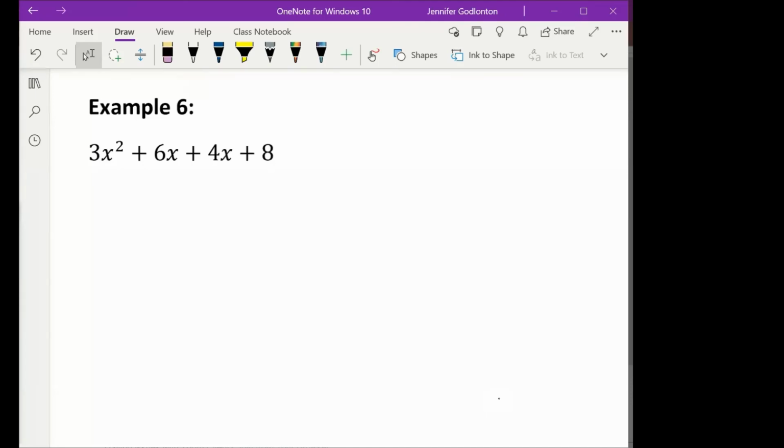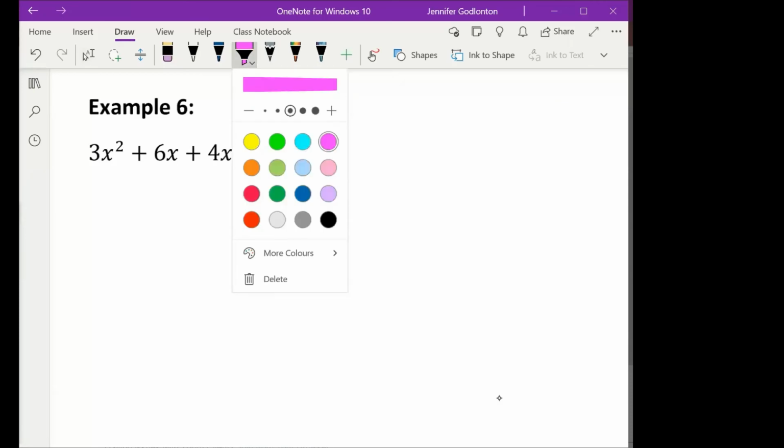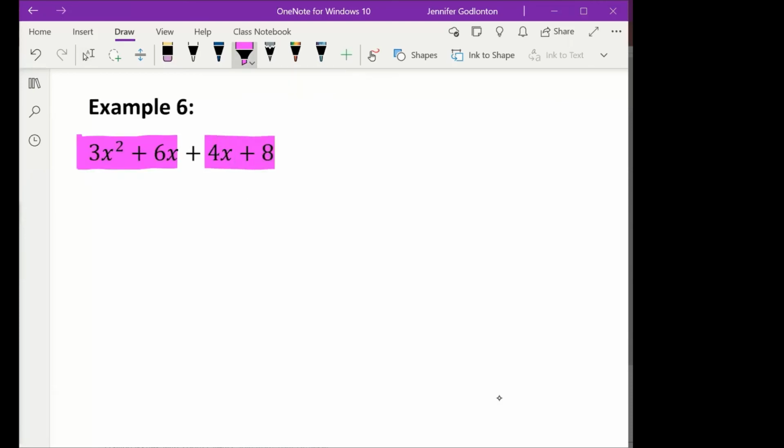Okay, can you please give this question a try for me? I'm going to help you out a little bit. We're going to group these two over here, and we're going to group those two over there. So remember, the first thing we do is we look at, can we take out a highest common factor? And if we can't take out a highest common factor, then we say, well, can we do difference of two squares?